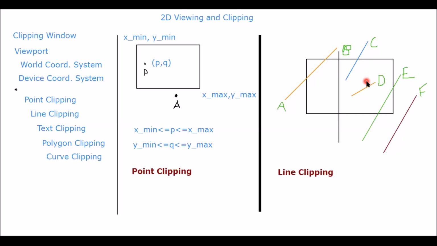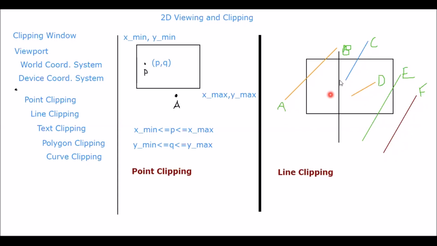Then next we have line F. This F line is exterior to the clip window because no portion of the line lies within the window. So this is completely exterior. Whenever you apply the clipping, D will be completely visible, F will be completely invisible.